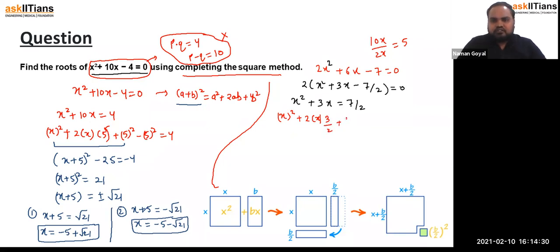Now plus 3 by 2 square minus 3 by 2 square is equal to 7 by 2, right?